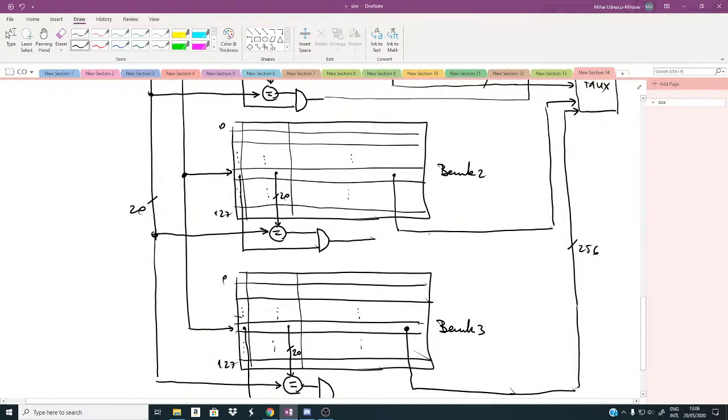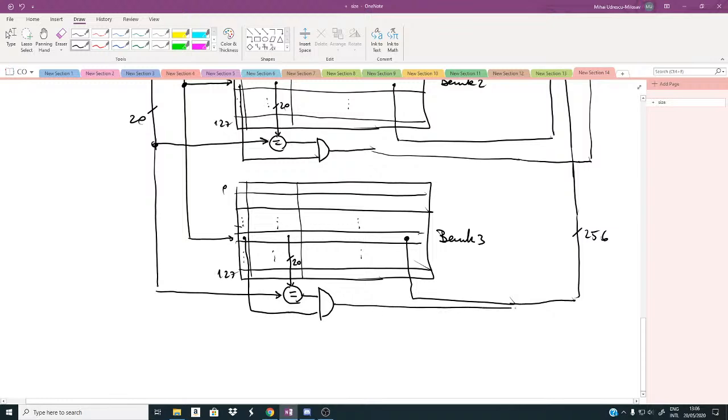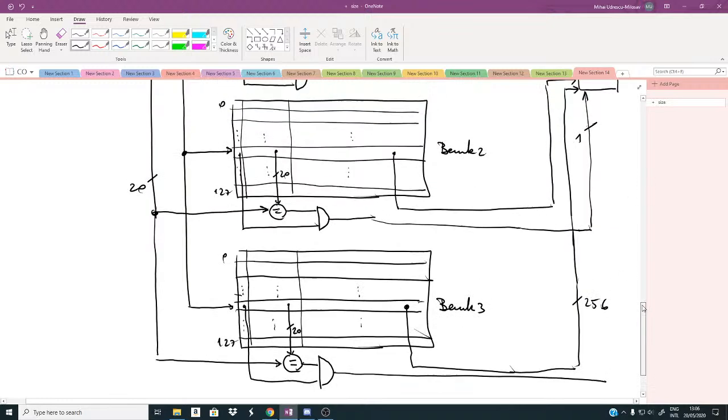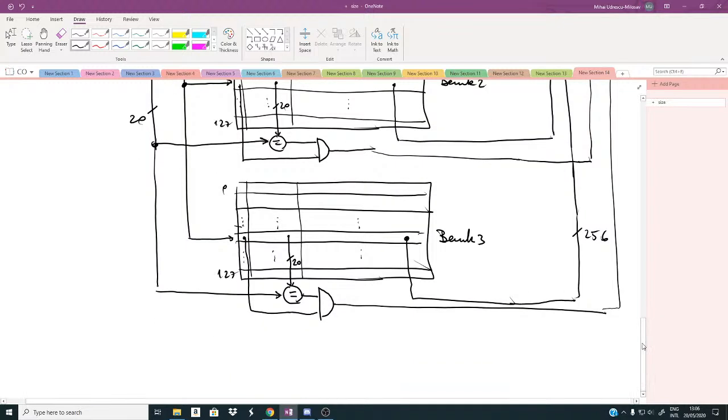And these also, this goes here. Okay, this goes here as well, as a selection bit.